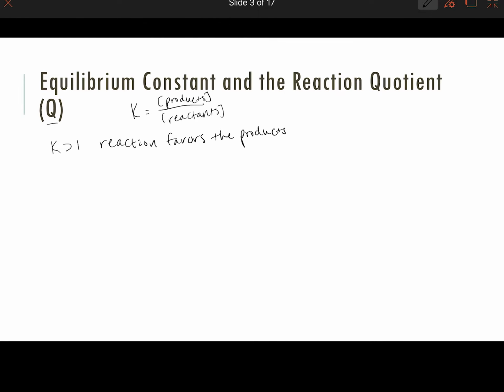And then if our K is less than 1, our reaction favors the reactants, because now we have the denominator being a larger term. And then if K is roughly equal to 1, which almost never happens, that means the reaction favors neither the reactants nor the products.